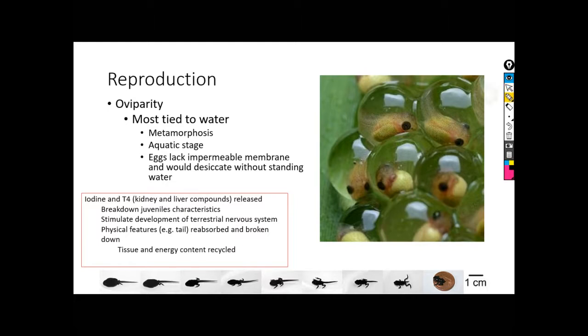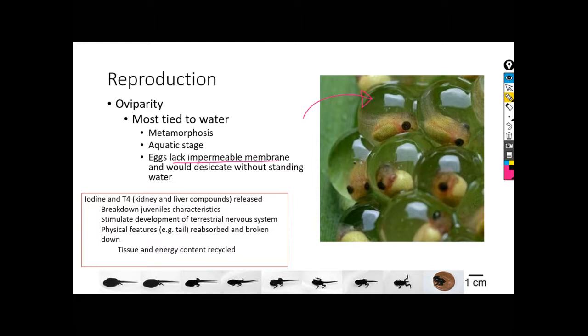Okay, and so the key here, remember, as we compared amphibians to reptiles in lab, is that these eggs lack a shell. Right? They're not amniotes. So this keeps them tied to water.